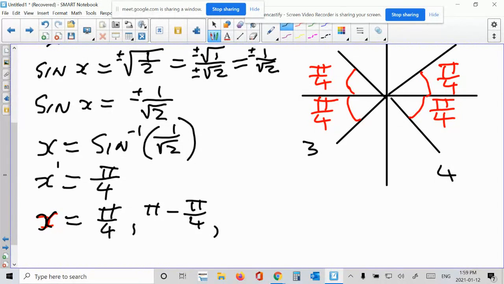How do we get the third quadrant? Not Kelvin this time. I've gone past half a pi. I've gone past pi. And I'm now pi over 4 away in quadrant 3. Can somebody help me out with how I would get it? Thank you, Hussein, pi plus pi over 4.